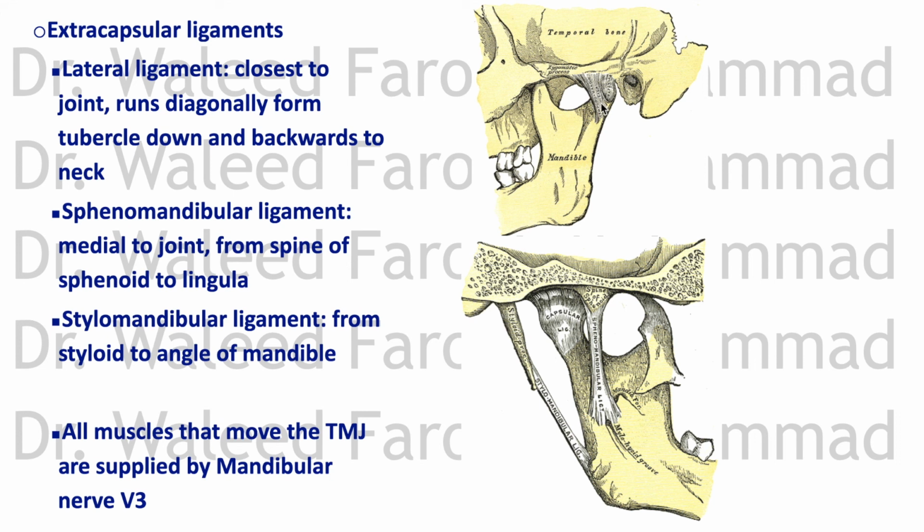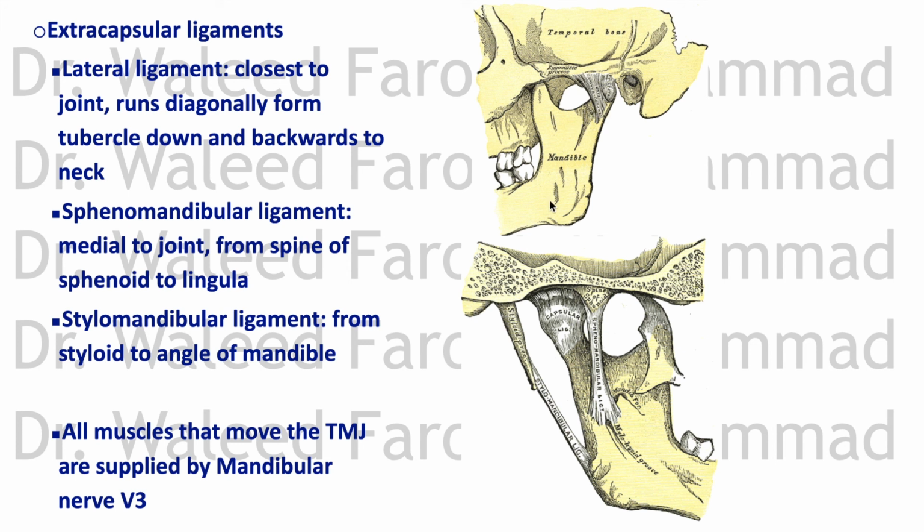It's attached to the articular tubercle on the lower part of the zygomatic process of the temporal bone, and descends down and backwards till the neck of the mandible.